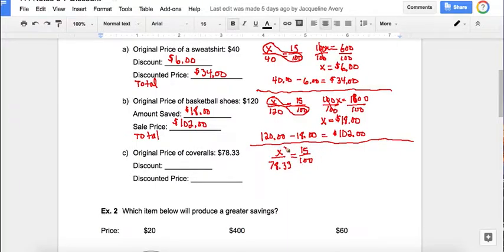Okay, now 100 times x is 100x. And 15 times 78.33 is 1,174 and 95 hundredths. We're going to divide both sides by 100.